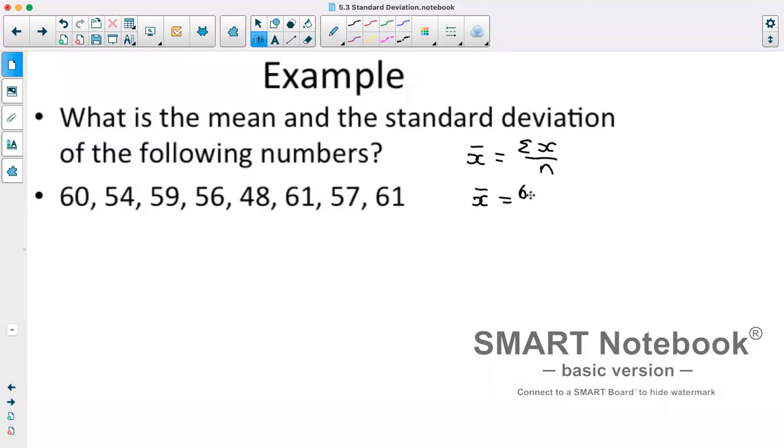So we'd have 60 plus 54 plus 59 plus 56 plus 48 plus 61 plus 57 plus 61, divided by, we have 1, 2, 3, 4, 5, 6, 7, 8 values.